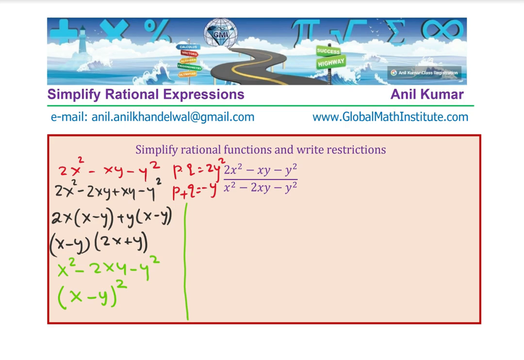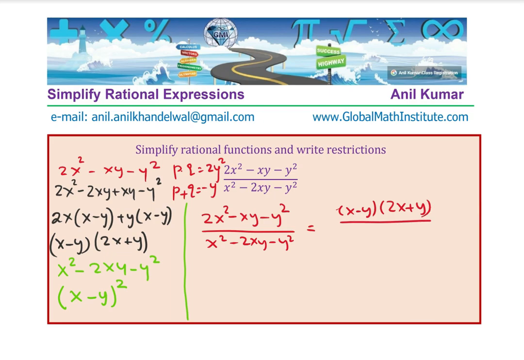Okay, now let us write down the solution. So the given expression, which is 2x squared minus xy minus y squared over x squared minus 2xy plus y squared, can be written with their factors, which is x minus y times 2x plus y divided by x minus y whole square.